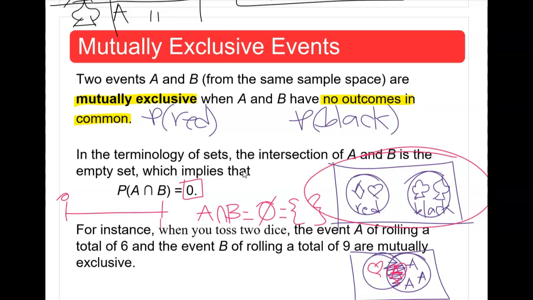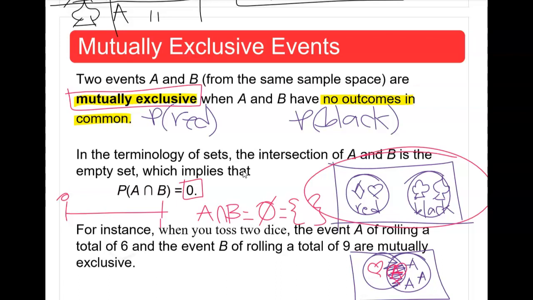And so if the intersection is empty, then the probability of the intersection is zero, and that takes us back to mutually exclusive. For instance, when you toss two dice, the event A of rolling a total of 6 and the event B of rolling a total of 9 are mutually exclusive.